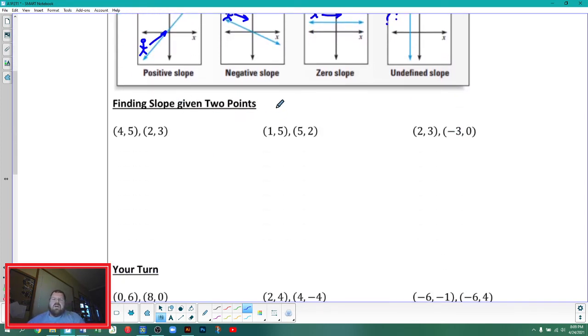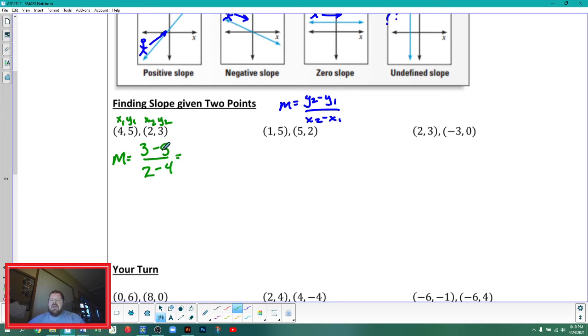So here we are using our slope formula. That's always going to be y2 minus y1 over x2 minus x1. Okay. So the first thing I always do when I come across a problem like this is I'm going to label x1, y1, x2, y2, and then I can just plug those numbers into this formula and figure out my slope. y2 is 3, y1 is 5, x2 is 2, x1 is 4.